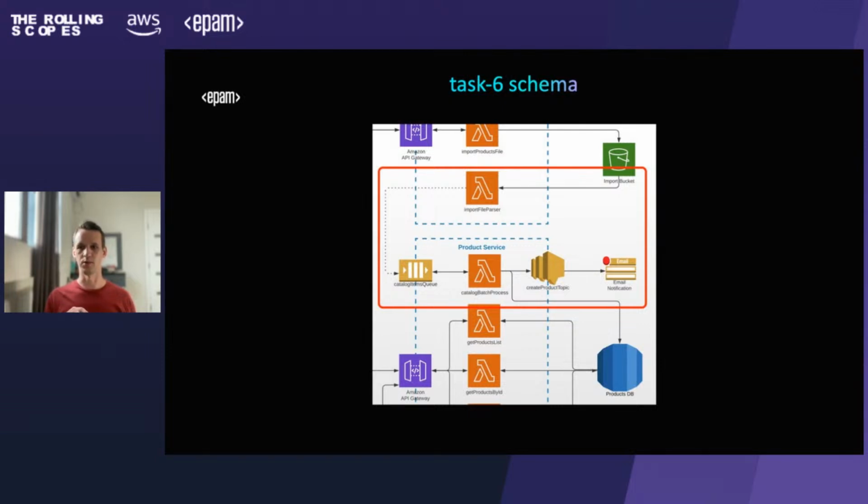And it would parse all of this file and try to place it inside the DynamoDB and create a notification to our email address, which we will specify using the SNS service, to let us know that products have been added to our DynamoDB. So now I suggest we just jump in.